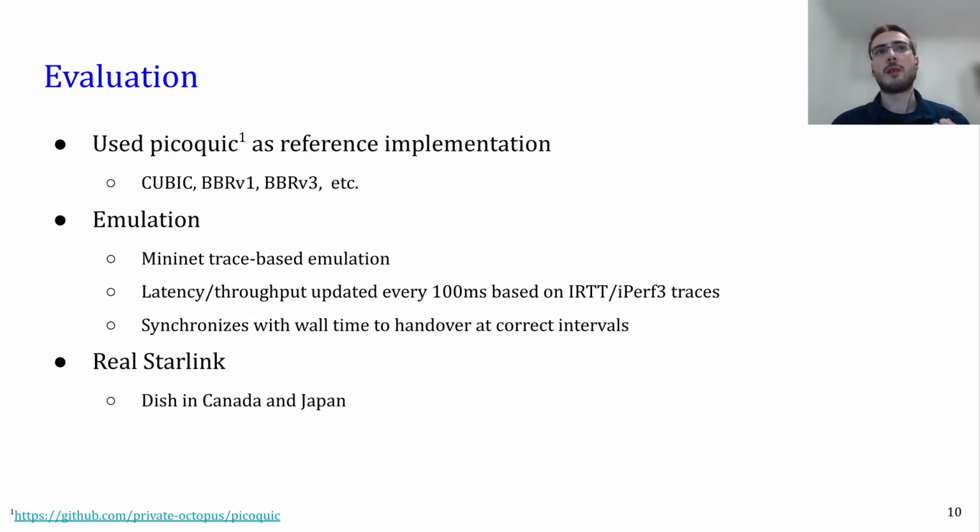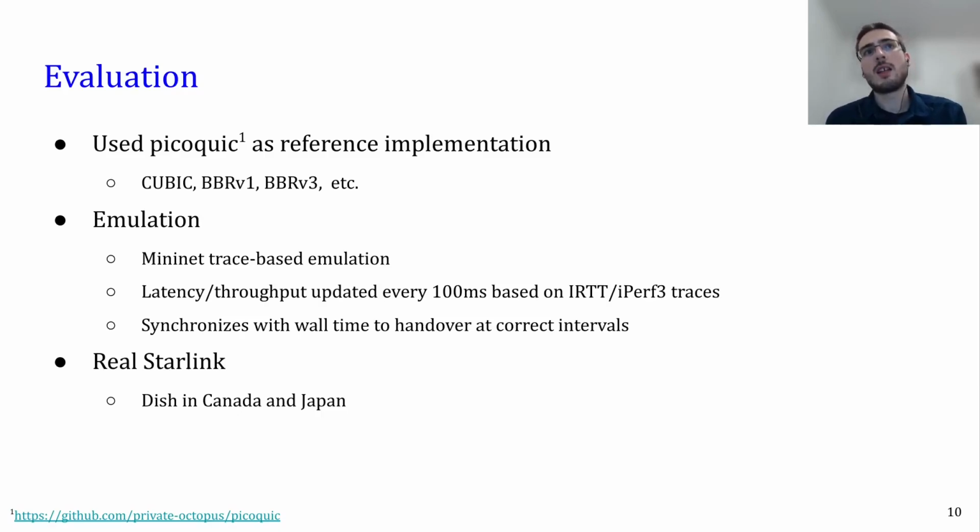In order to create our evaluation, we used PicoQuic as our reference implementation, as it implements QUIC, BBR version 1, BBR version 3, and other congestion control algorithms. We set up an emulation based on Mininet, which updates the latency and throughput of the connection based on IRTT and iPerf3 traces every 100 milliseconds.